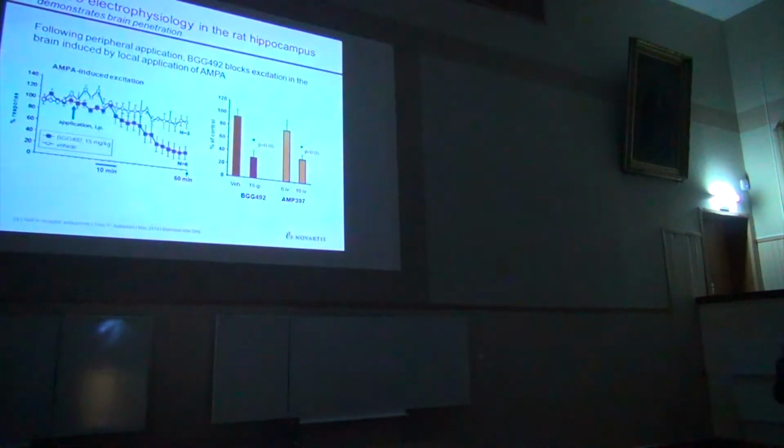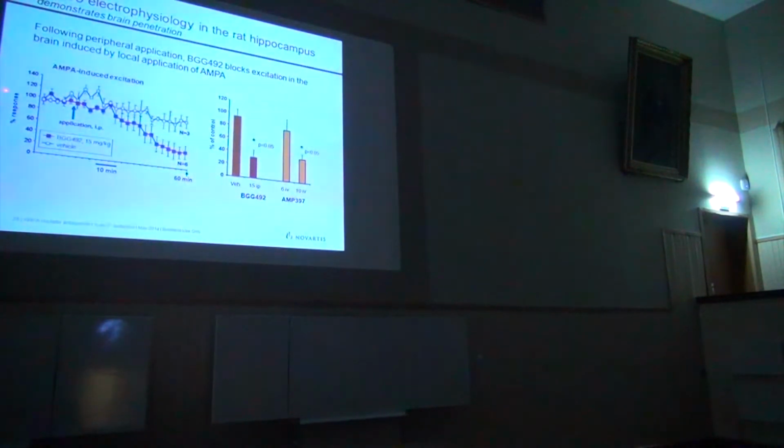AMPA is the natural agonist of the AMPA receptor. When we do multiple excitations over 1 hour, we get about 100% response during the first hour. It varies a little bit, but not very much over this course of time.